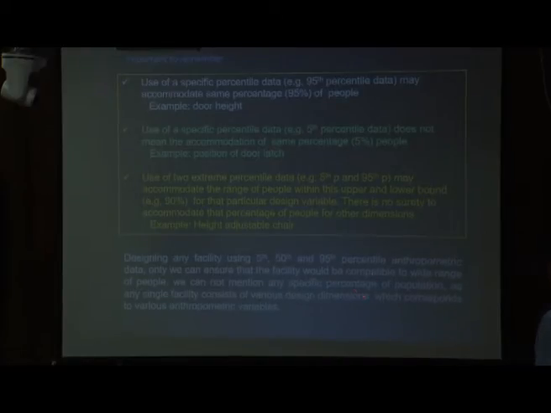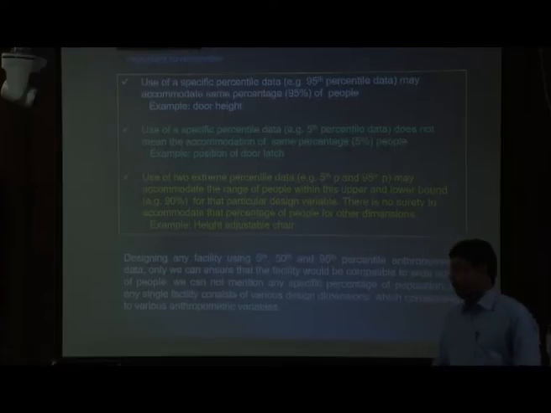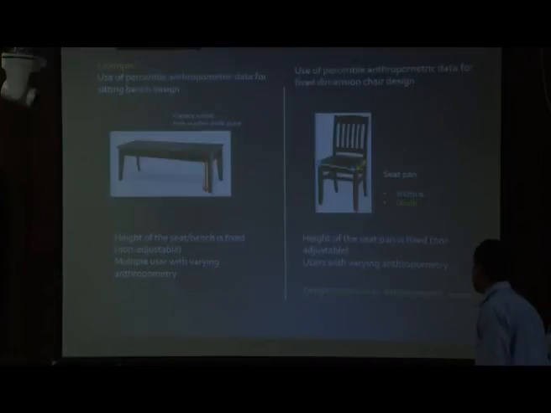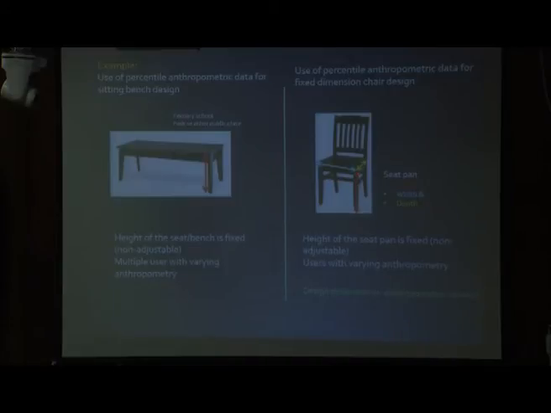Not only that, say some facility has been designed as per the height of a 95th percentile person. If we take the example of the chair, we have designed the seat height as per the 50th percentile popliteal height.